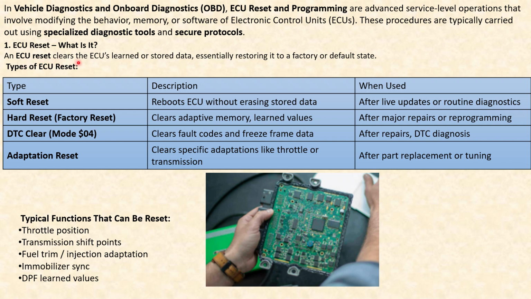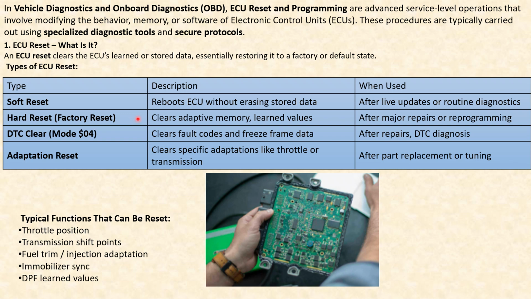An ECU reset clears the ECU's learned or stored data, essentially restoring it to factory or default state. When it comes to types of ECU reset, we will see the type, description, and when it is used. First is soft reset, which is nothing but rebooting the ECU without erasing stored data, after live updates or routine diagnostics.